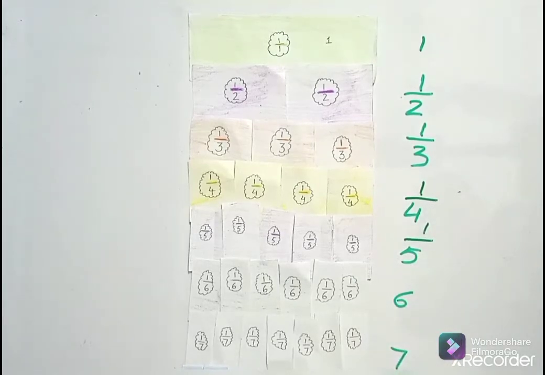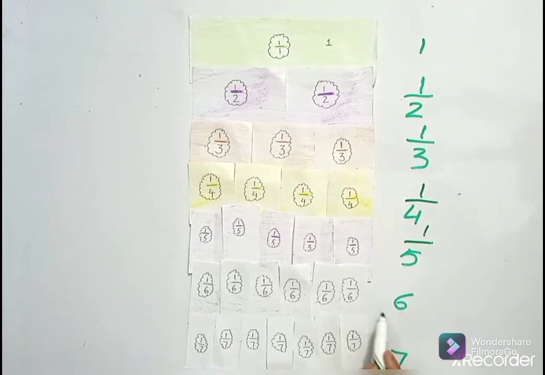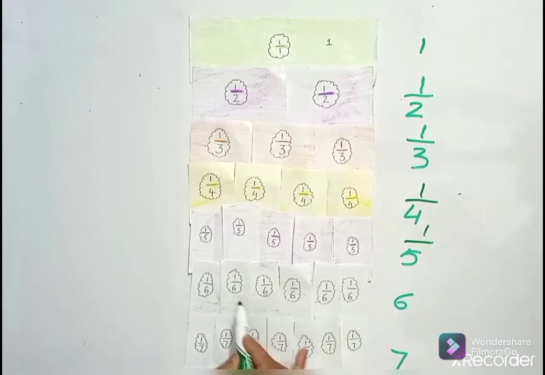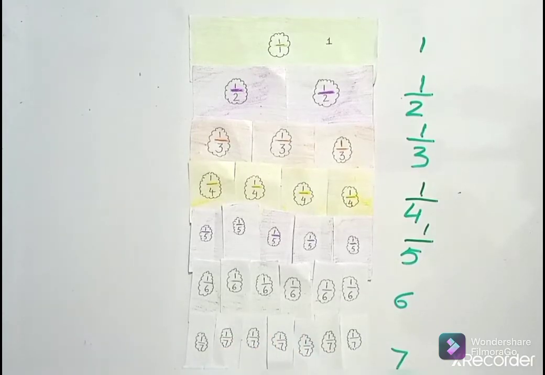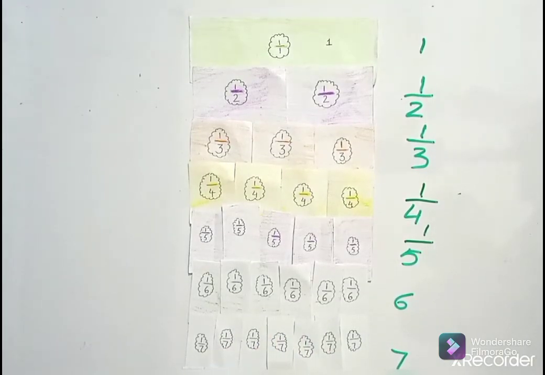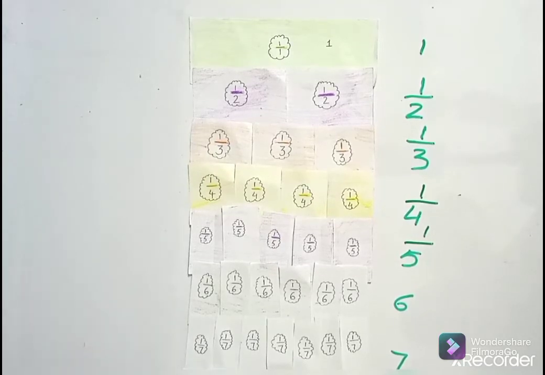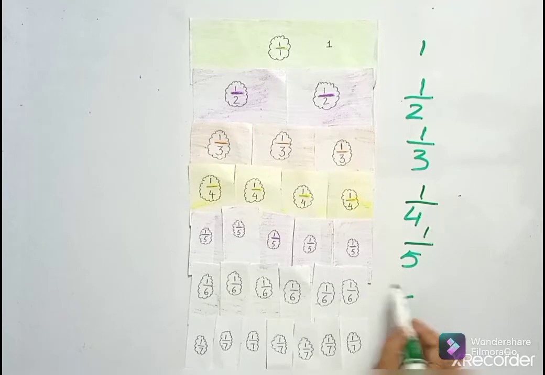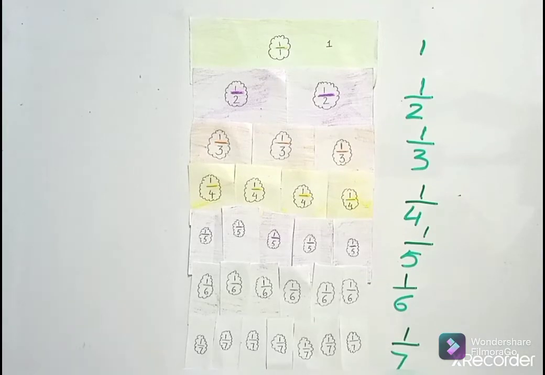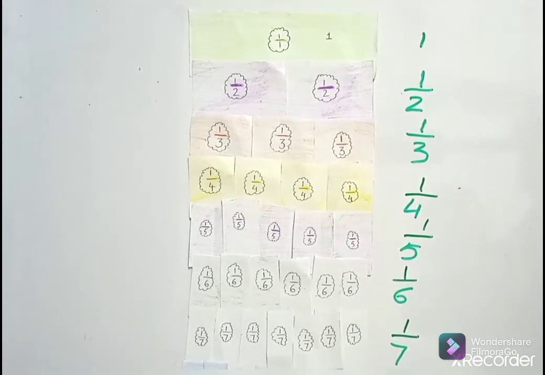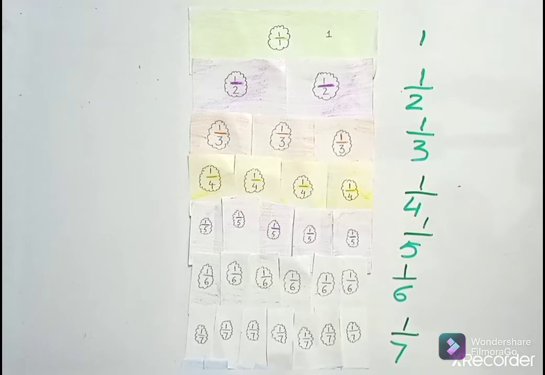And if you notice carefully, when this number becomes more, the denominator is more, when we divide into more equal parts, each part becomes big or small? Very good. Each part has become small. In the same way, each part 1/6, 1/7 means 7 1/7s make a whole. Each part is called 1/8.